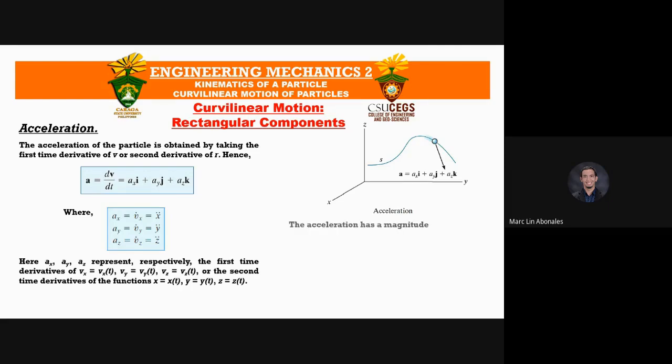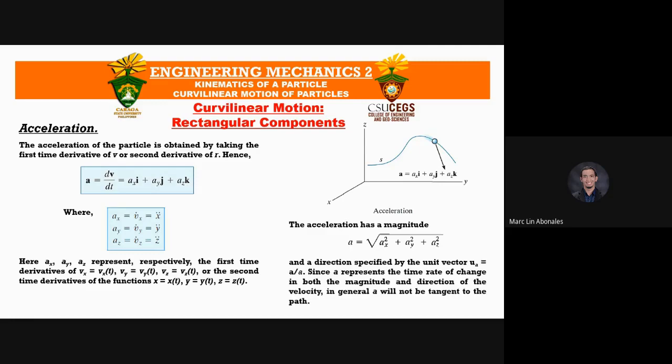And from this, you can determine the magnitude of your acceleration based on the vector form of your a, which is axi plus ayj plus azk. So you just determine the square root of ax squared plus ay squared plus az squared. And the direction is specified by the unit vector, that is the acceleration vector over its magnitude.